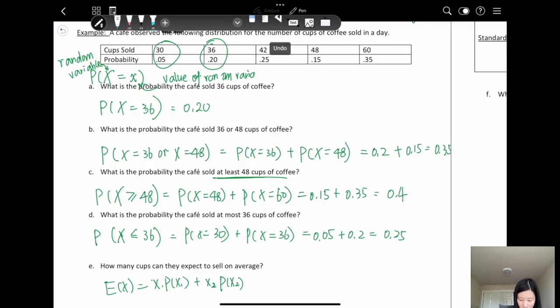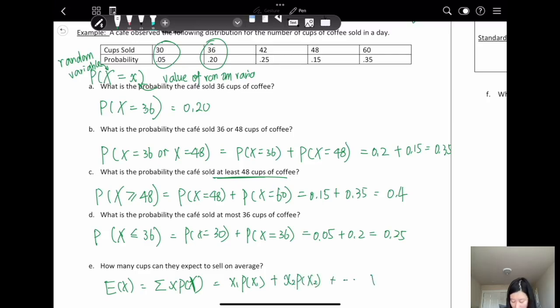It's equal to the sum of small x times the probability of capital X, which is x1 times P(x1) plus x2 times P(x2), until the end of x.